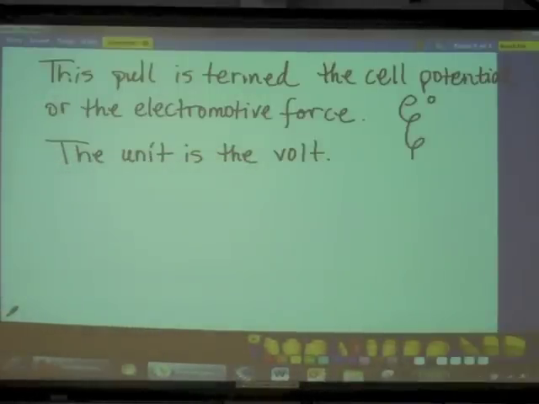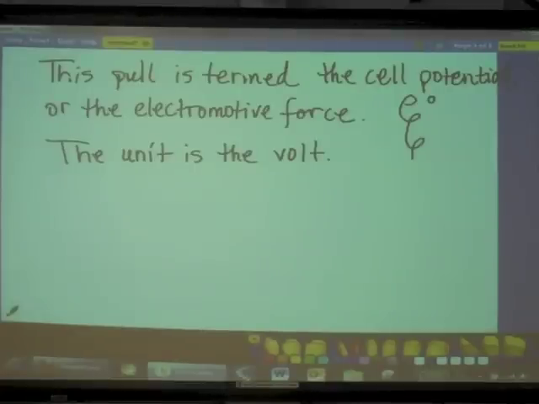How much voltage can you get from a particular galvanic cell? Well, that's going to completely depend on the value of K, right? That's going to depend upon the oxidation reduction reaction and how forward that thing is going to go.